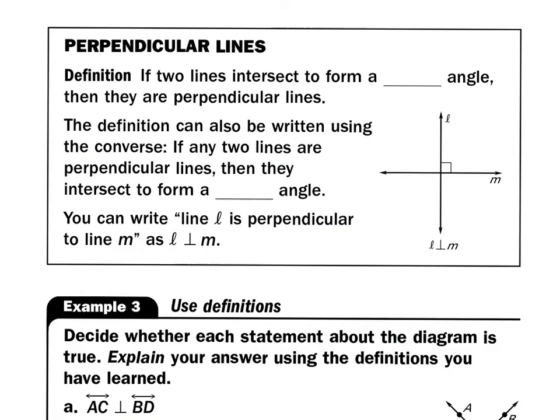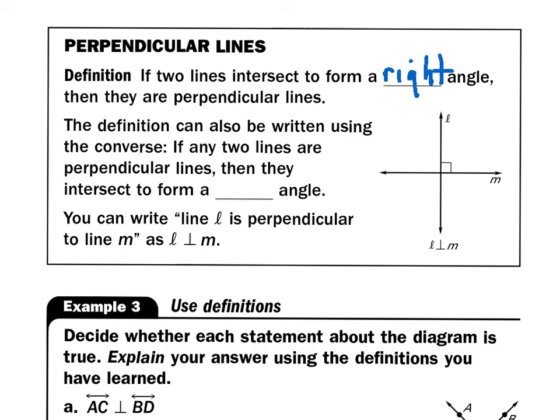Now, up to this point, you might be saying, Mrs. Smith, this is really logic. It's not really geometry, because geometry is a math. But we can use all this logic in proving math statements. So here's the first one. Definition. If two lines intersect to form a right angle, then they're perpendicular lines.